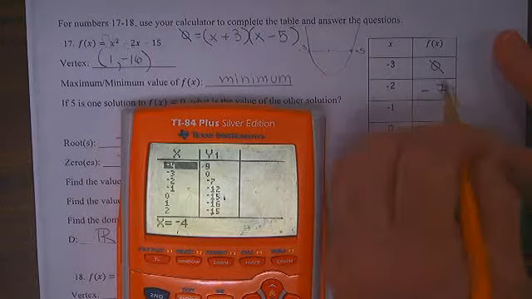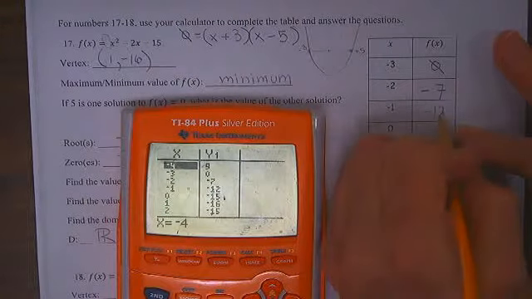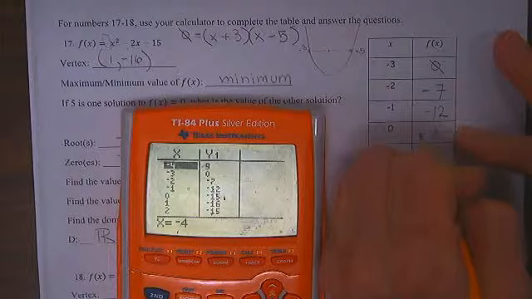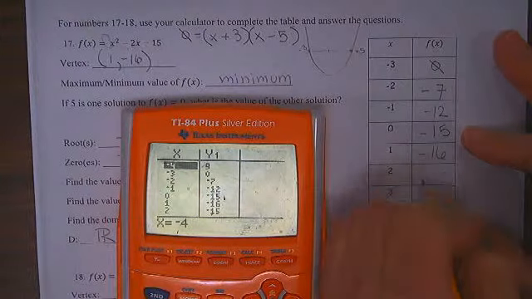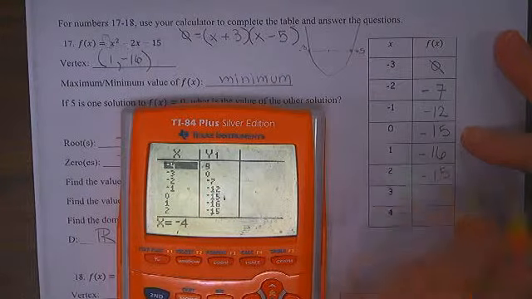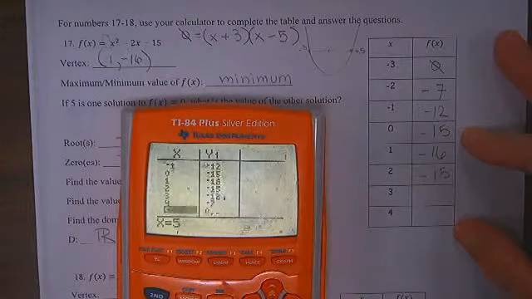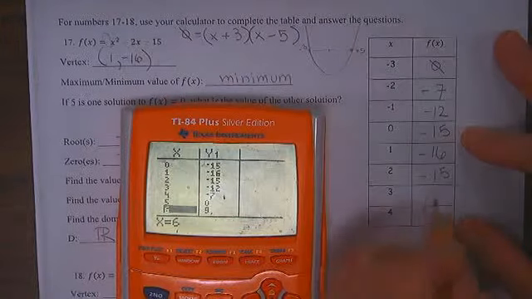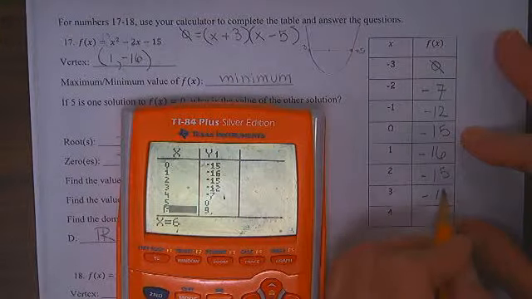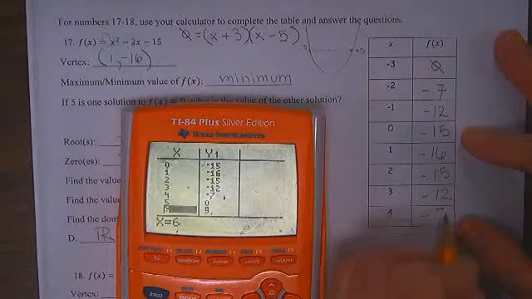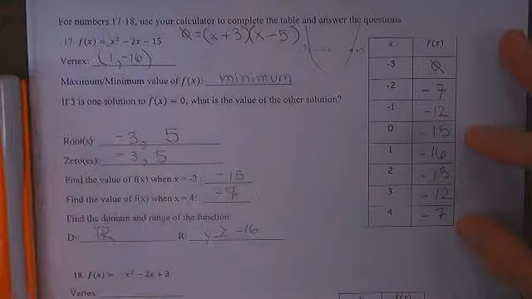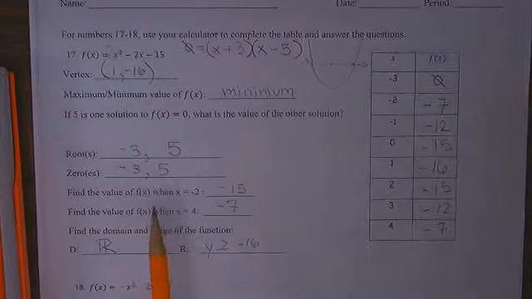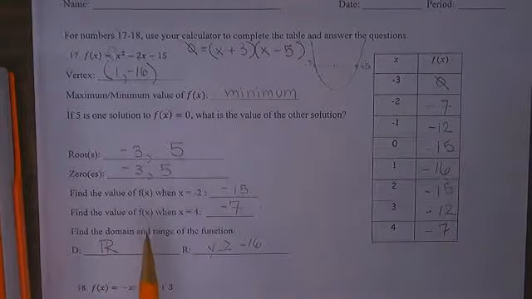When x is -1, -12, 0, -15, 1, -16, 2, -15. Down a little further. 3, -12, 4, -7. Those of you who are watching from other countries, you probably laugh at the lazy Americans who use a calculator to solve such simple problems.